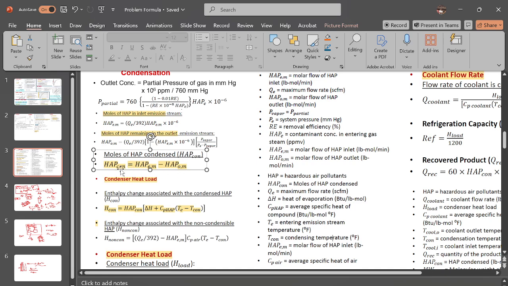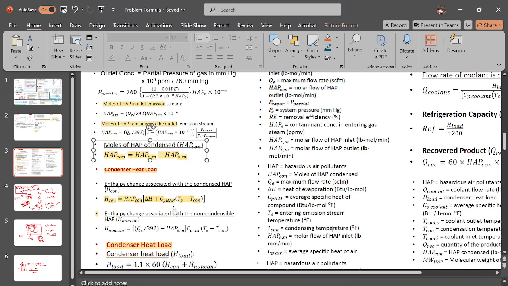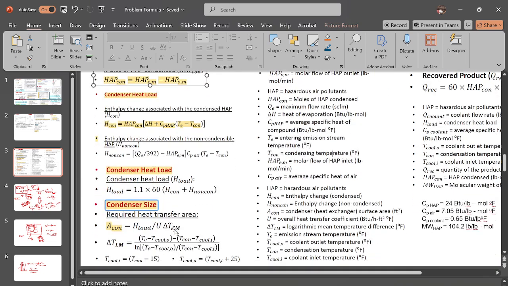That will give you the condensed HAP concentration. Then if you want H, that is the enthalpy change. HAP concentration times del H will give it. Del H is heat of evaporation. CP HAP is the average specific heat of the compound. T is the exit temperature, the condensation temperature, everything will be given. And you substitute, you will get all these values.